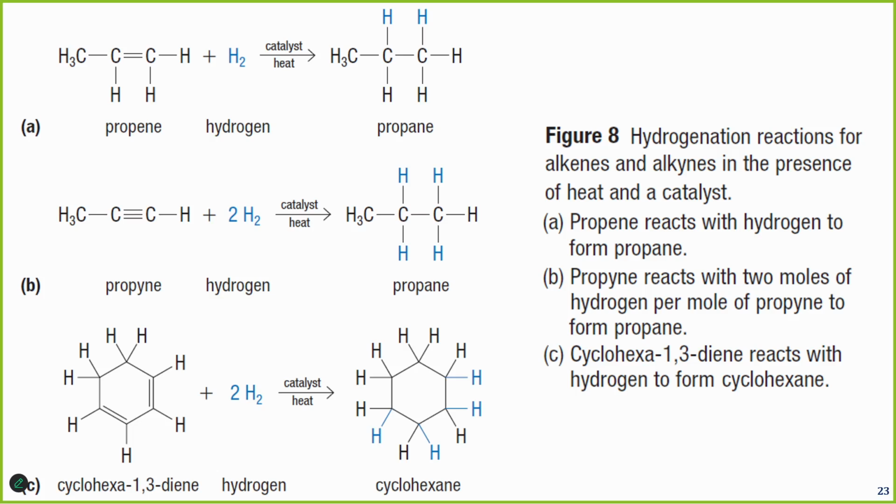Figure B shows propyne reacts with 2 moles of hydrogen per mole of propyne to form propane. And figure C shows cyclohexa-1,3-diene can react with hydrogen to form cyclohexene. These are examples of the reactions that involve alkenes or alkynes.